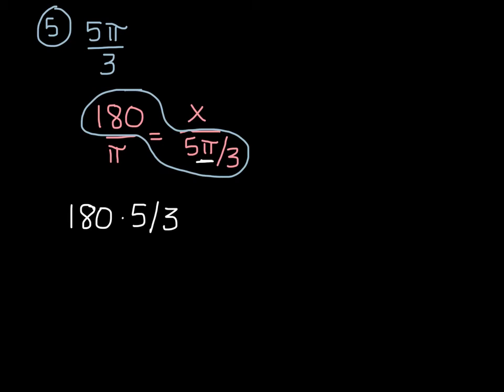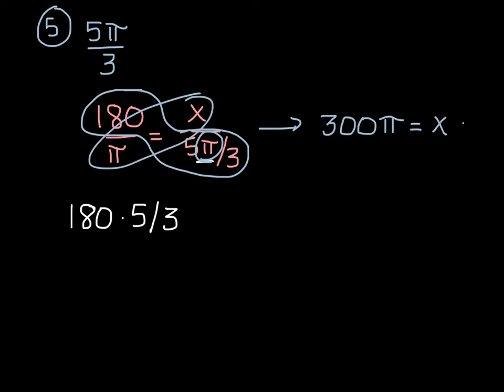Okay, so just that first round of multiplication, multiplying these two together, I get 300, and I still have this pi, so 300 pi, and that's going to be equal to x times pi. But again, in these ones, they're always going to work out like that, where you have a pi on either side, so your answer is just 300 degrees. That 5 pi over 3 is equivalent to 300 degrees.